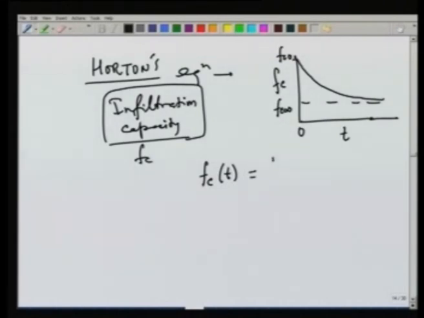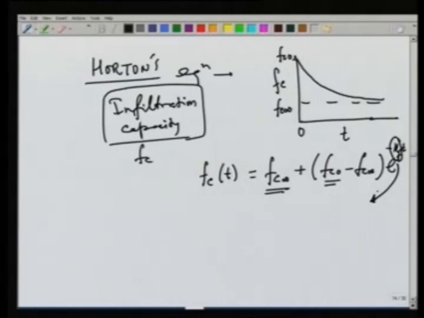So, this equation given by Horton is an exponential equation where the steady state value is this, the initial value is this, and K f is a constant for this infiltration, which will decide how fast F c is decreasing.